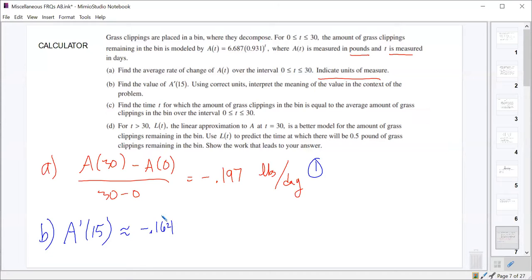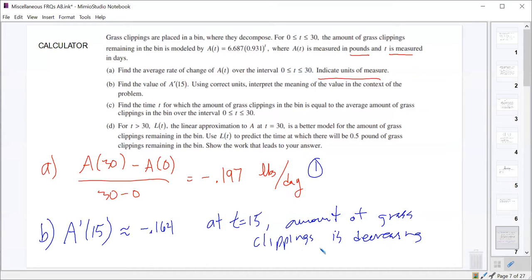Then it says, using correct units, interpret the meaning of this. Well, this is the derivative of the amount of grass clippings, and that's a negative, which will tell us that at t equals 15, the amount of grass clippings is decreasing at 0.164 pounds per day.